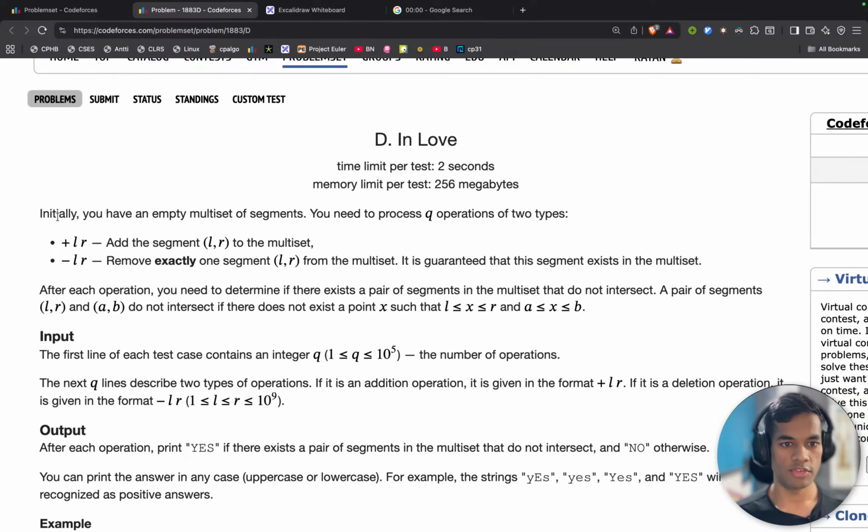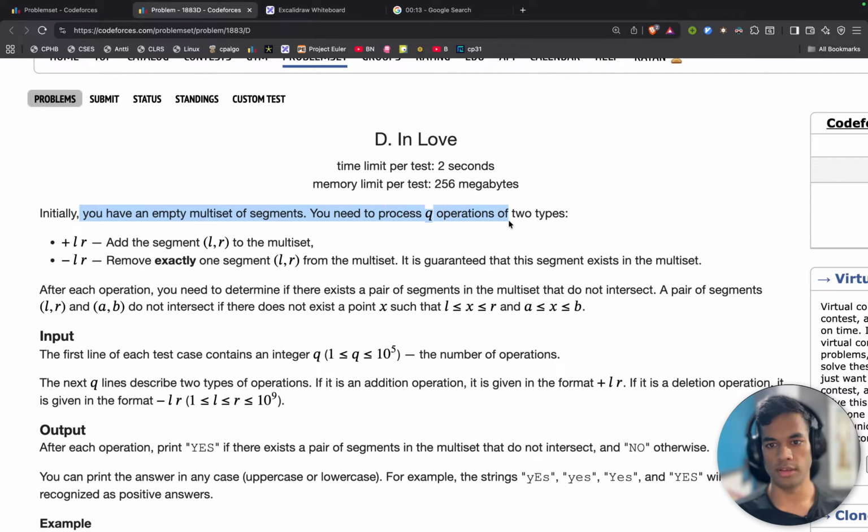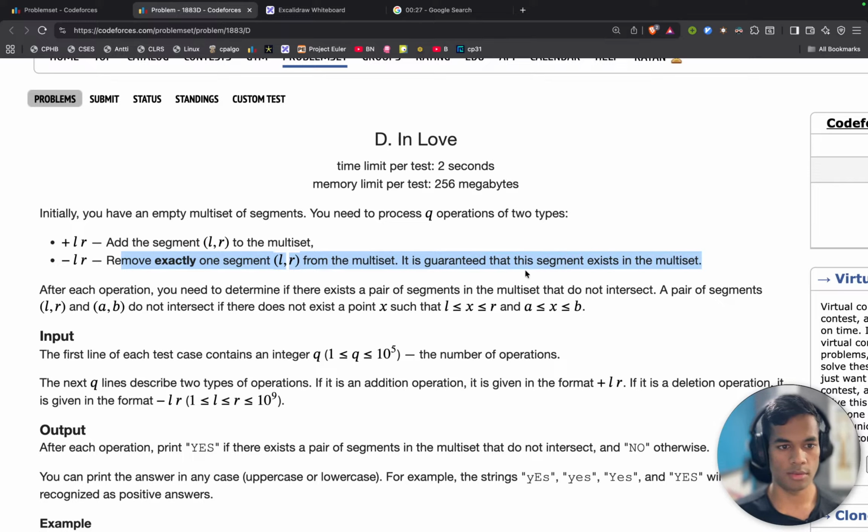Initially, you have an empty multiset of segments. You need to process Q queries of two types: plus LR, add the segment to the multiset; minus LR, remove exactly one segment LR from the multiset. It is guaranteed that this segment exists in the multiset.